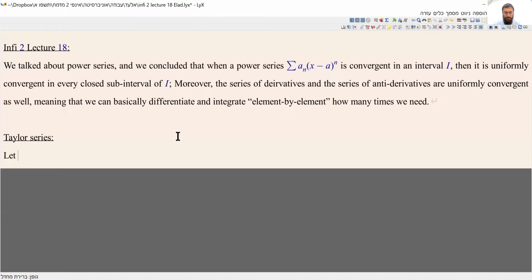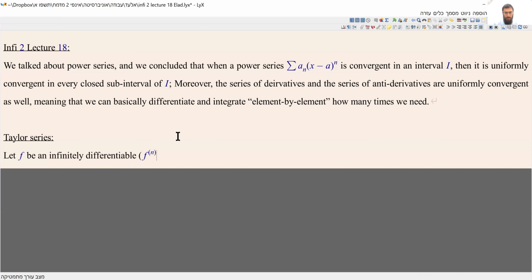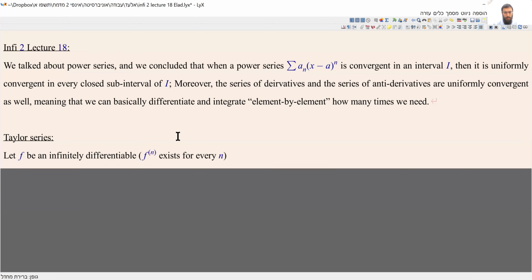So let f be infinitely differentiable. I mean, f^(n), the derivative, exists for every n at some point a.